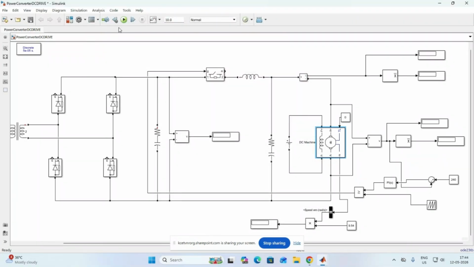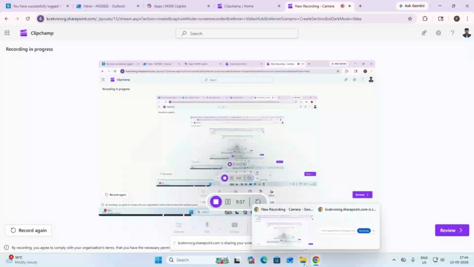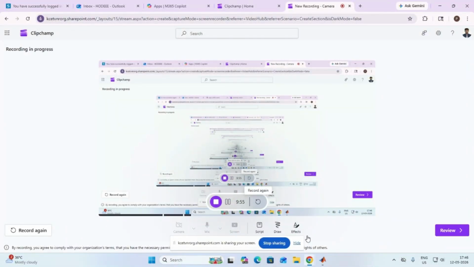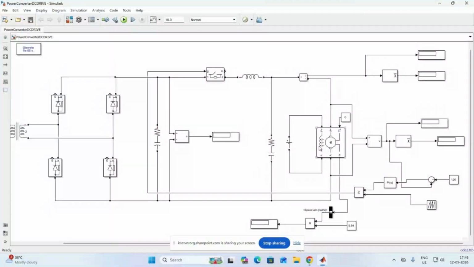Now I am simulating the circuit. I have given 240 as set voltage, so we will get 240 at the armature terminal.